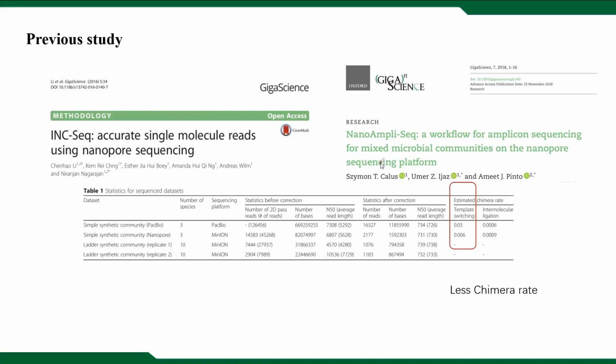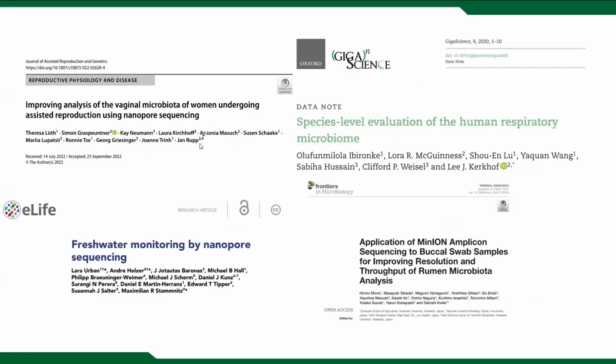On the other hand, improving algorithms such as NanoAmpli-Seq. Many studies have been published to evaluate 16S rRNA data obtained through sequencing using the R9 flow cell, but there has been no research on R10.4.1 data yet.